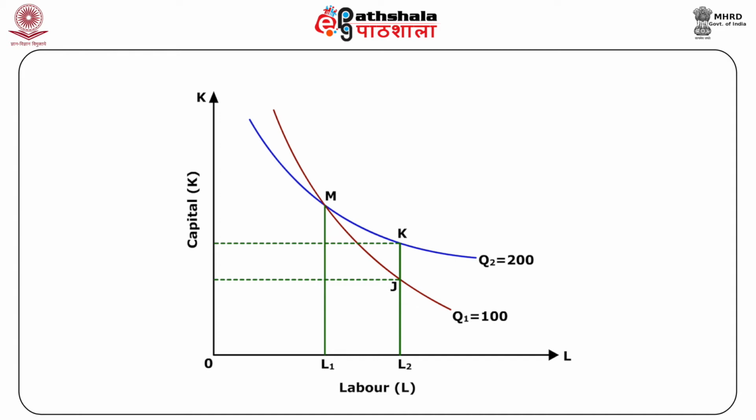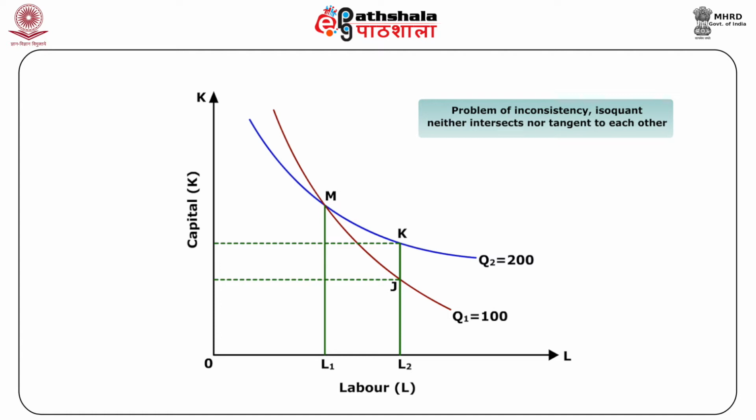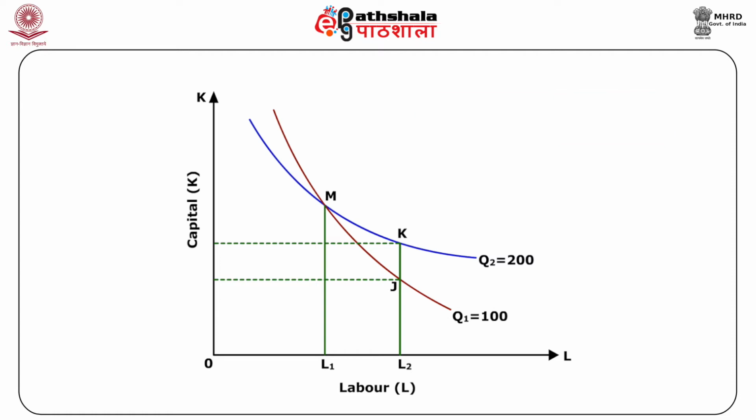Hence, both of these conditions are violating the assumptions of isoquant. Hence, we conclude that due to the problem of inconsistency, isoquants neither intersect nor are tangent to each other.